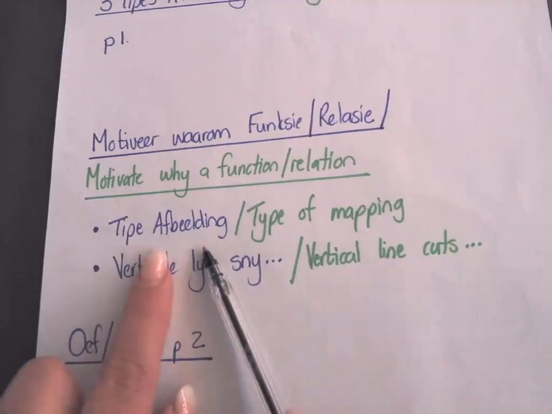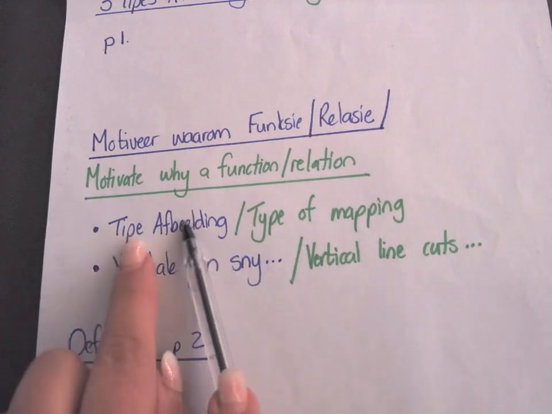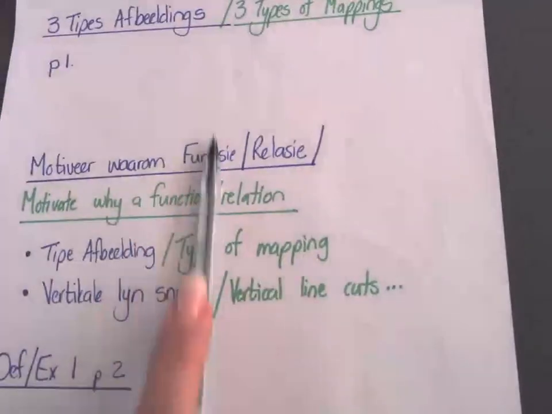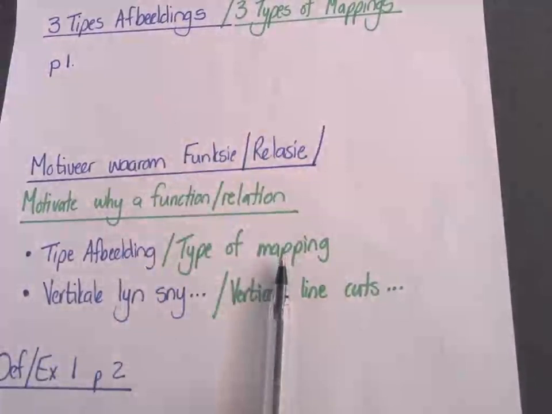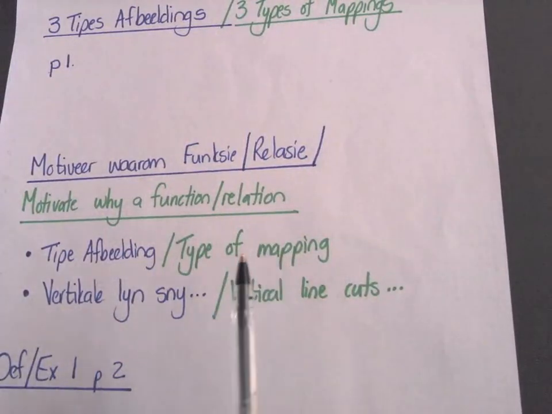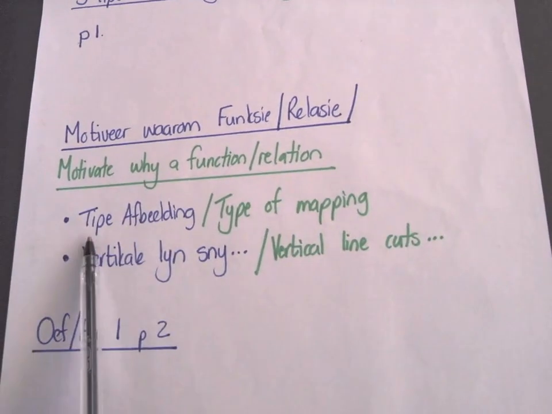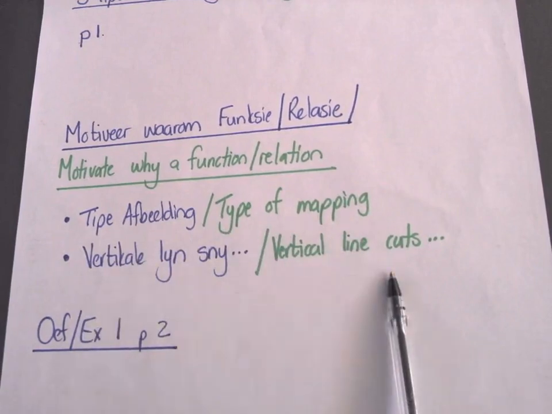The first one is the type of mapping: a 1-to-1 mapping, or a 2-to-1 mapping, or a 1-to-2 mapping, whatever. After that, you explain the vertical line cut. The vertical line cuts the graph once, therefore it's a function. The vertical line cuts the graph 3 times, therefore it's not a function. So you have to comment on the type of mapping and on the vertical line.